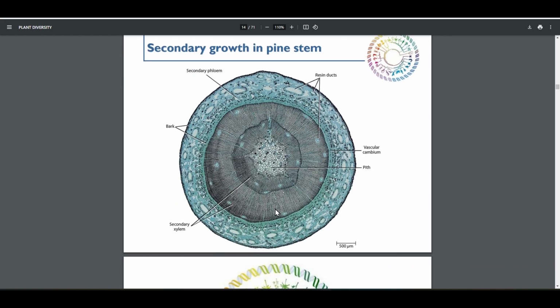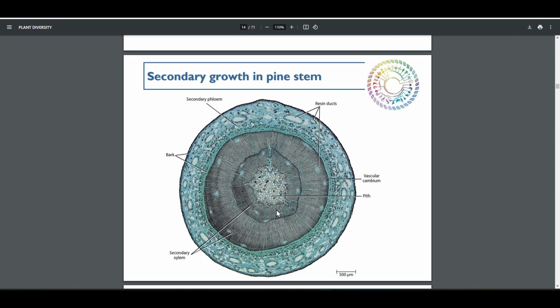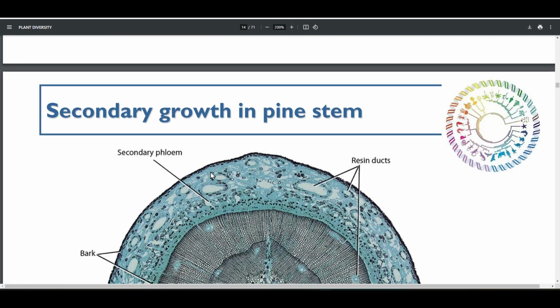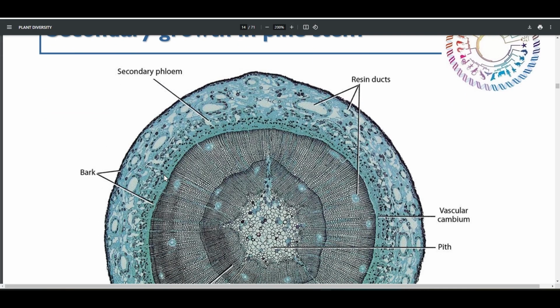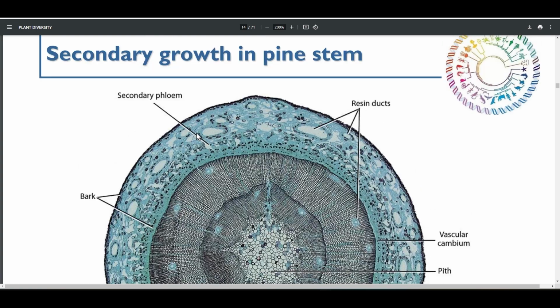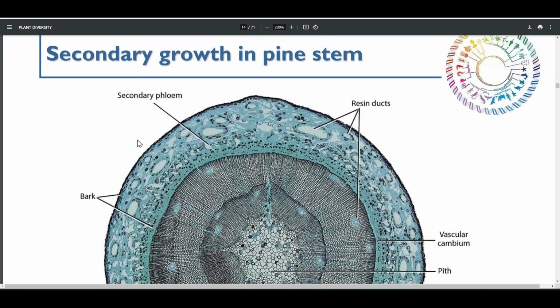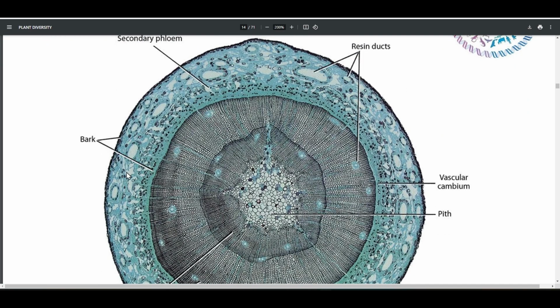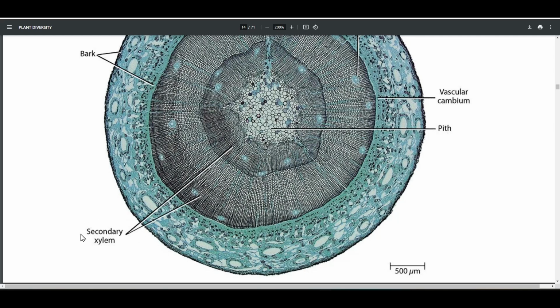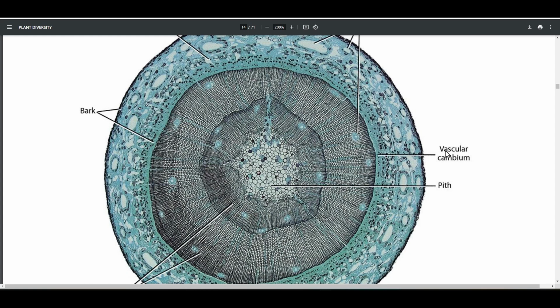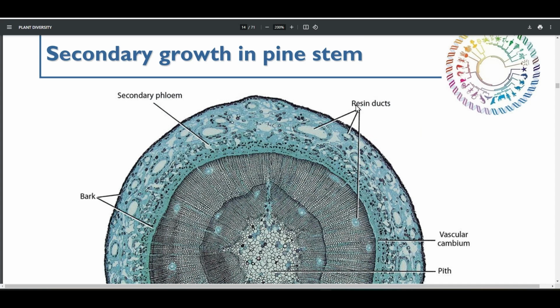Okay, so this is a cross section of a pine stem. You can see here the secondary phloem, over here the bark, which is where the periderm and the secondary phloem make up the bark, and the secondary xylem, the different parts, the pith in the middle, the vascular cambium on the very edge actually, and the resin ducts.